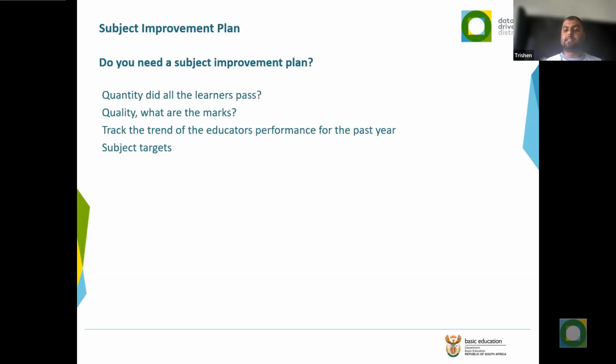Now, the content may be similar, but the depth of the work taught is different. So Mr. Maraj needs to compile two separate subject improvement plans. And it's for all subjects.